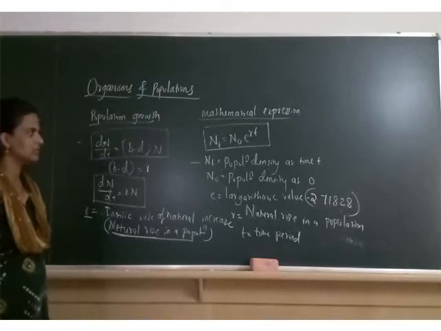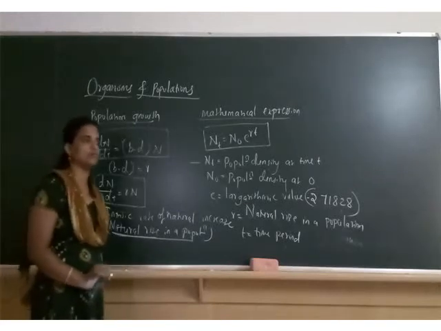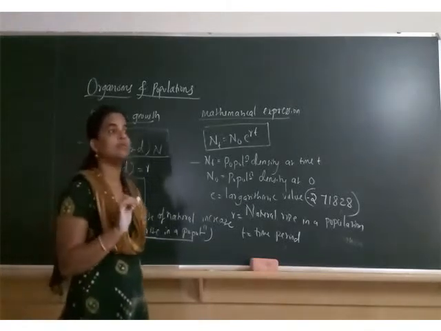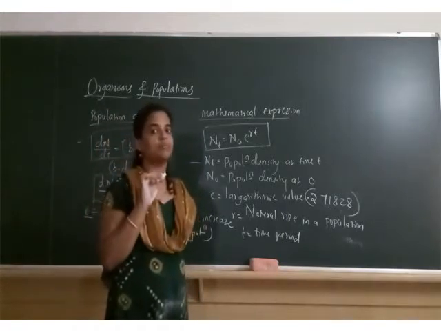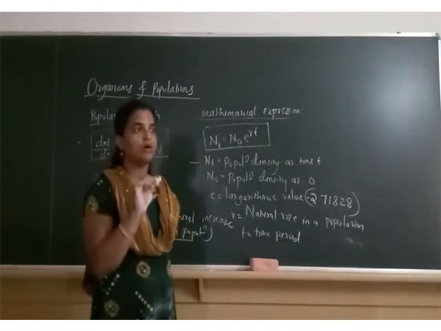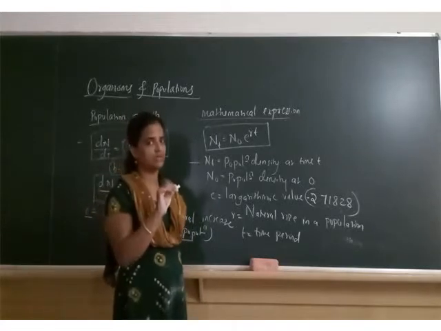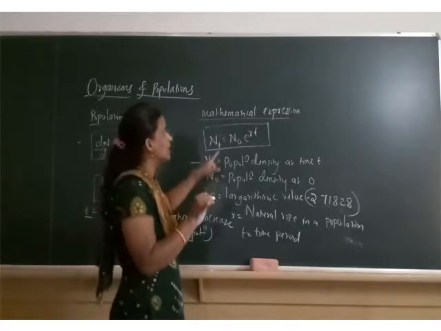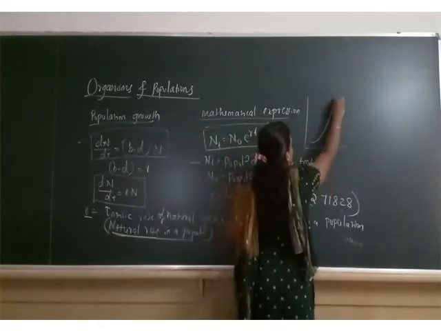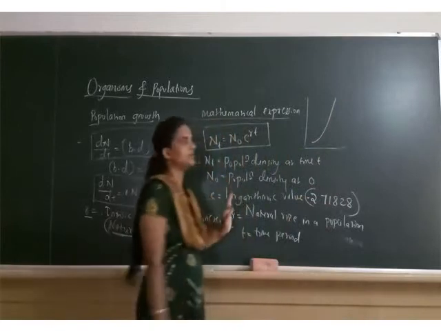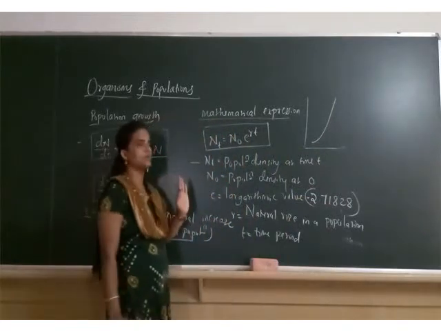exponential growth curve. Exponential growth curve means what? Here there are no limitations for the growth, because we are providing all resources which are needed for the growth continuously. Here continuous growth takes place, and it is a J-shaped growth curve.